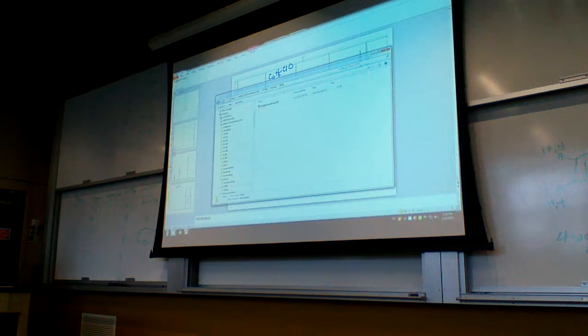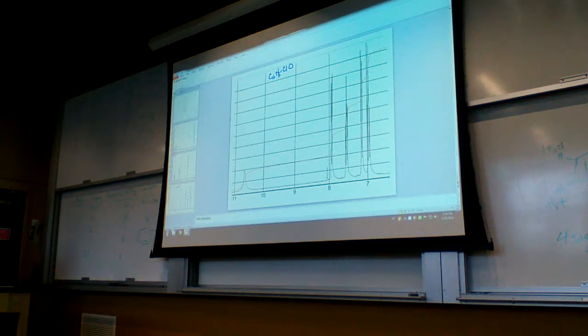So that's actually our chloroform peak. Usually it shows up at 7.26, but it's a little shifted because it's a weird solvent system and the DMSO shifts it a little bit.